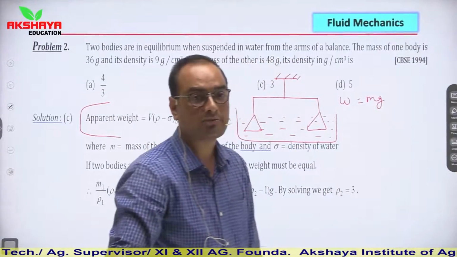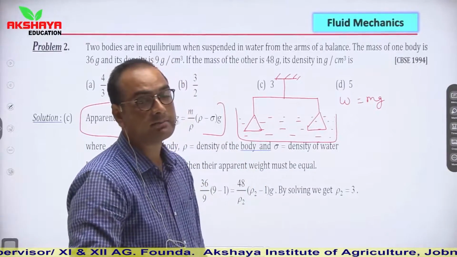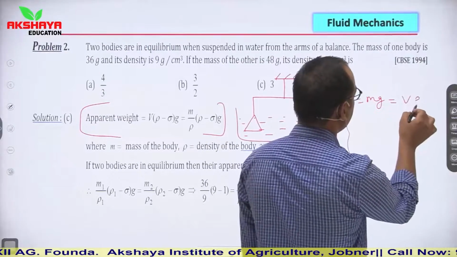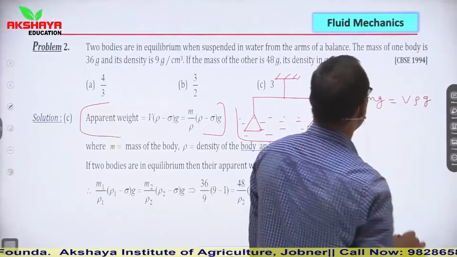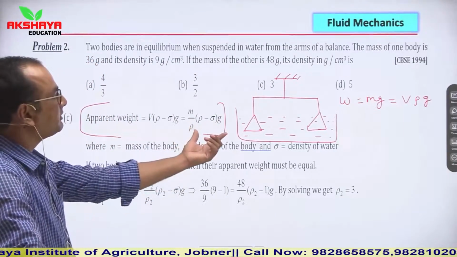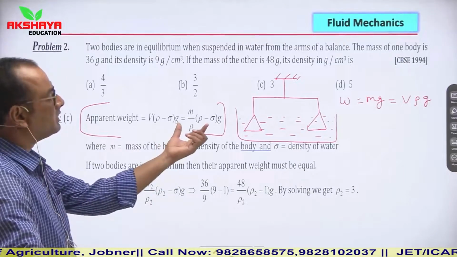Here m is the mass of that body. Now if we have to calculate its weight in terms of volume and density, then we can say that mass is equal to volume into density. So it becomes V rho g. Now here we are given two objects with two different densities.